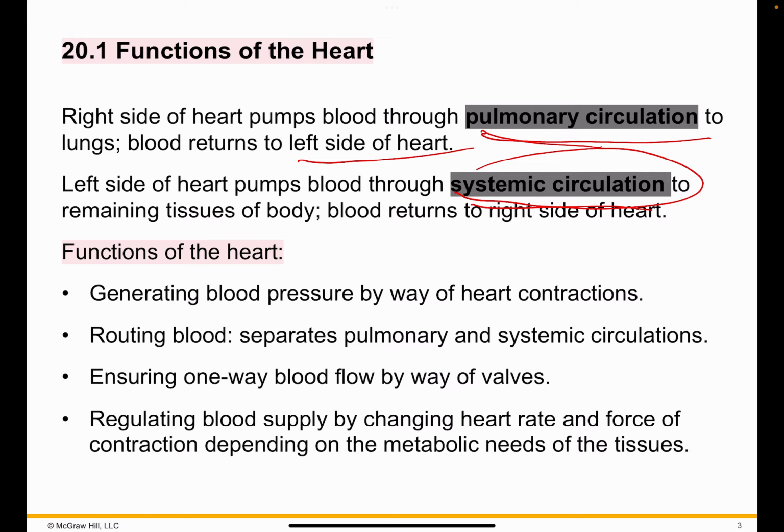So this is pulmonary circulation. Also, the heart helps maintain blood pressure, allowing blood to circulate efficiently throughout the body.